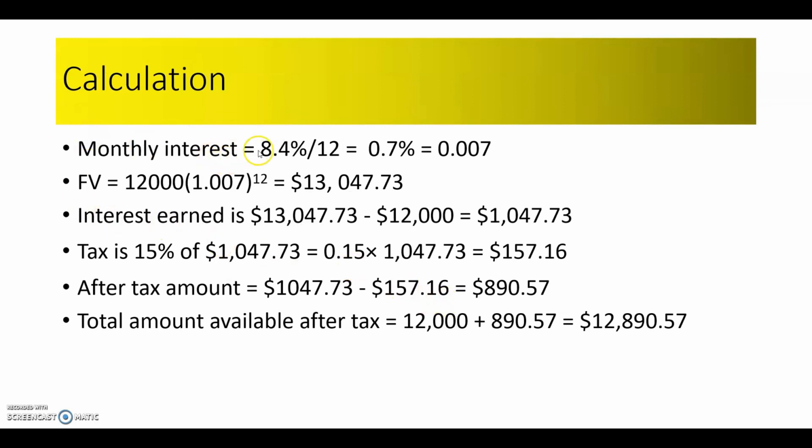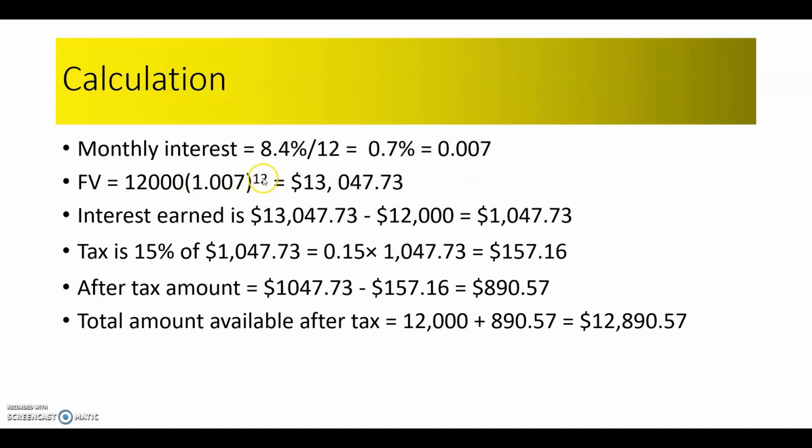So monthly interest is 8.4% divided by 12, because 8.4% is annual, so you have to divide by 12 because the compounding is monthly. So you're going to get your 0.7%, which is equivalent to 0.007. And the future value will be, you get your present value, which is 12,000, and then you multiply by 1.007, because 1 plus 0.007 will give you 1.007.